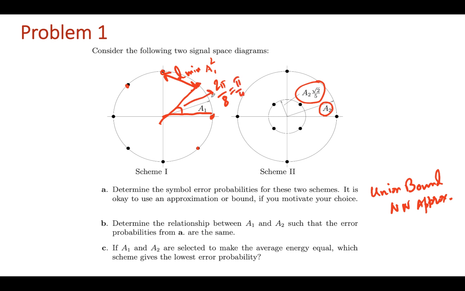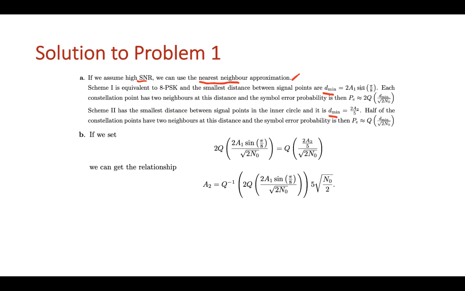So this angle is pi by 4. Okay, so when you try to calculate the distance between any two signals, you use this information and apply the rules of trigonometry. So you can find out that d min is basically this.